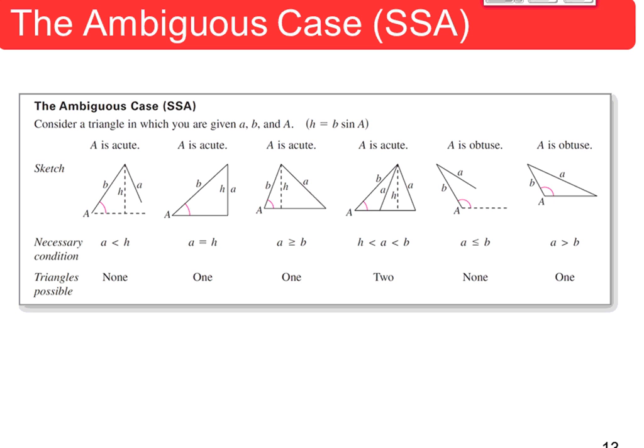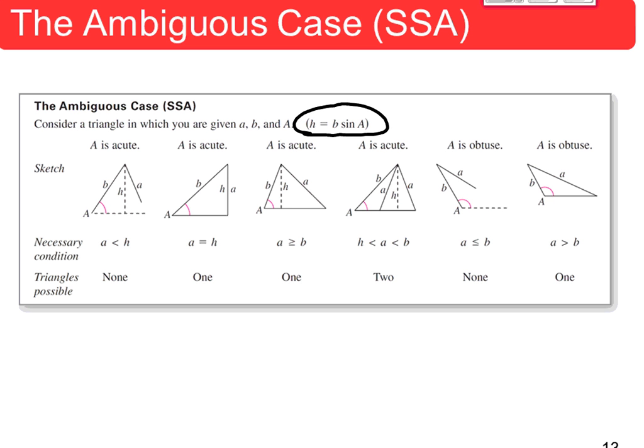We'll talk about this after this next test, but that h value that we're comparing things to is like the altitude, or what makes a right triangle. If it turns out to be a right triangle, like a equals h in the second case there, that's what's happening.